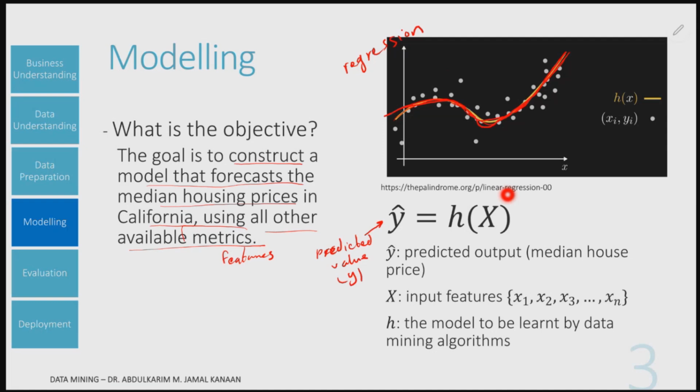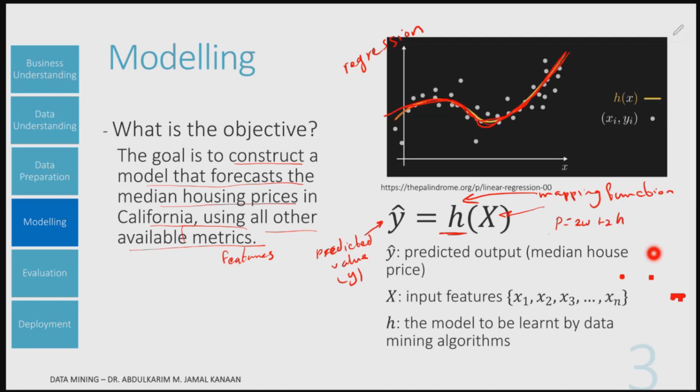Predicted y is a function h where the input is x, okay? So h is your mapping, we call it the mapping function. Like if you remember the perimeter for a rectangle, where we had the rule perimeter equals 2 times width plus 2 times height, right?